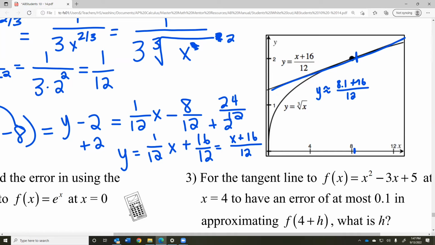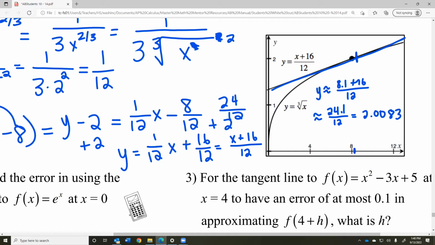And 8.1 plus 16 is 24.1. So we get approximately 24.1 over 12. To do this without a calculator would not be super simple, but we end up with 2.0083.